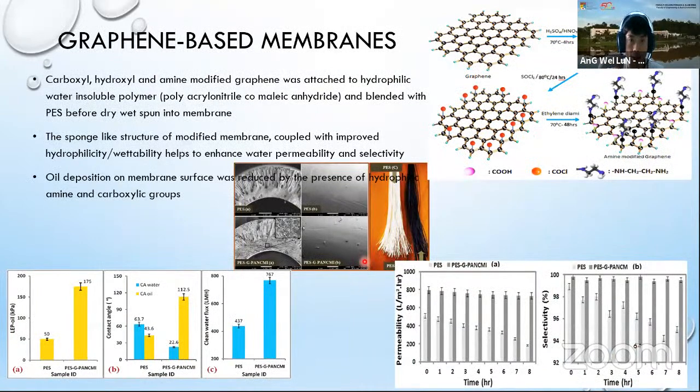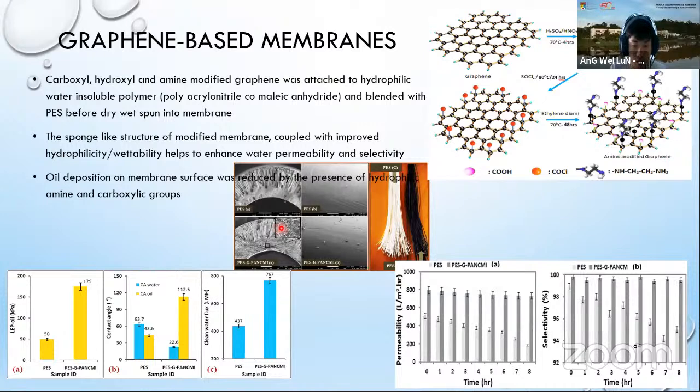So for this slide, I'm just going to show you the changes in the structures of the membrane. So this is actually a hollow fiber, a hollow tube membrane. So when you incorporate the graphene oxide inside the hollow fiber membrane, you're getting more sponge-like structures.